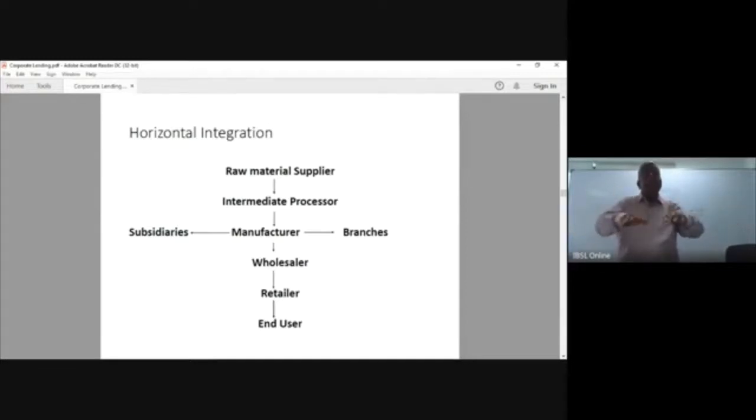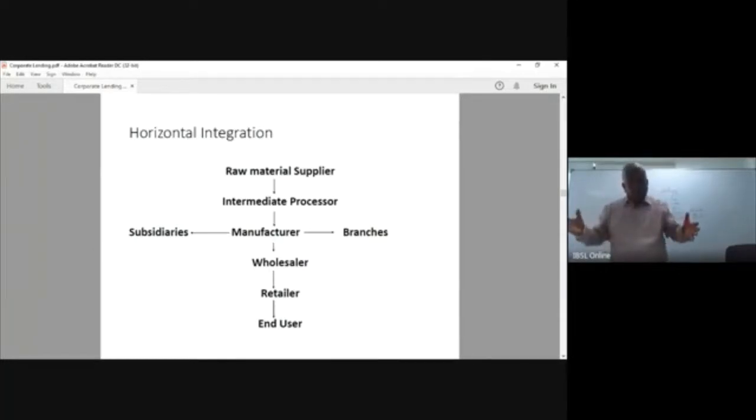So from the same level in the supply chain, he is expanding to other areas by way of branches or subsidiaries. Expanding to other areas at the same level of the supply chain is called horizontal integration.